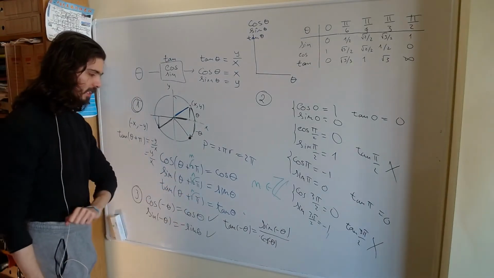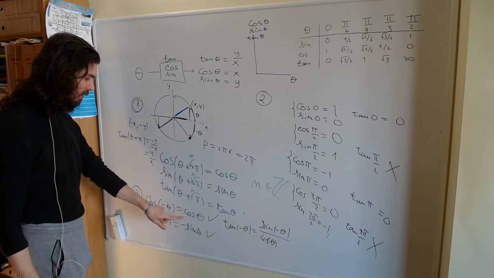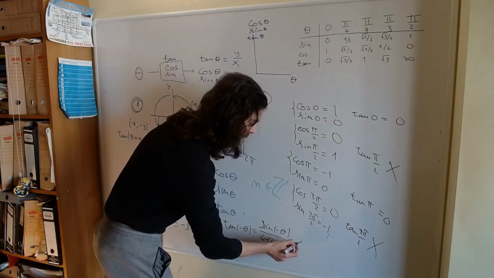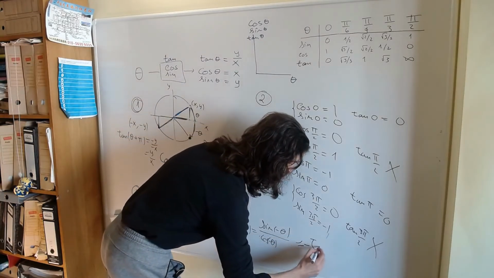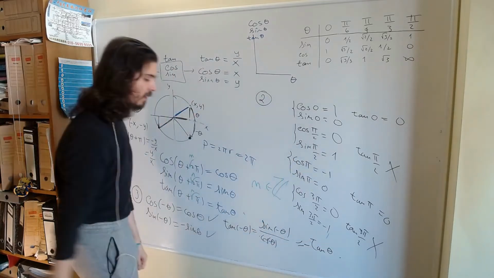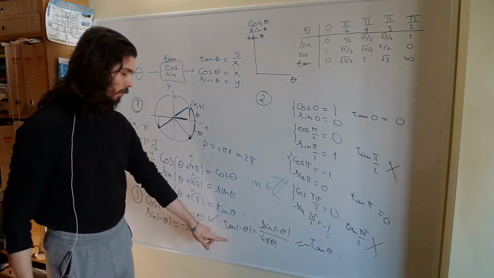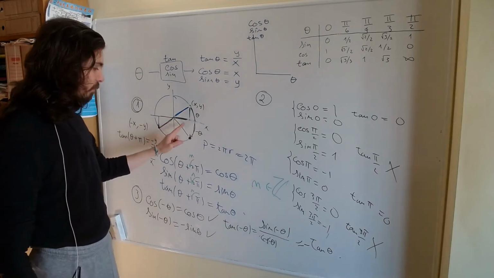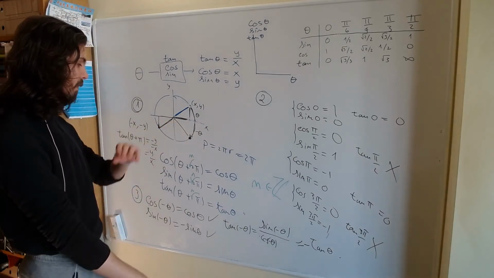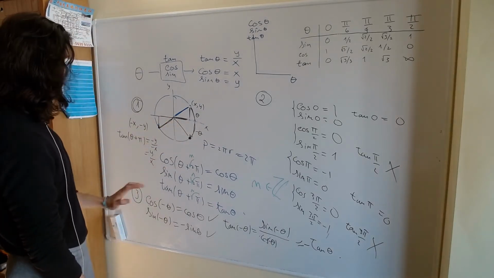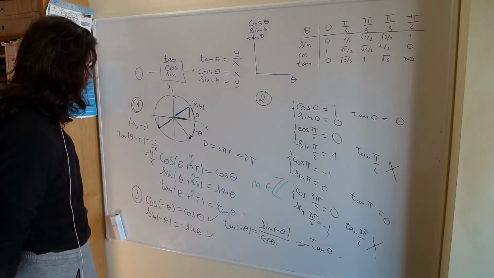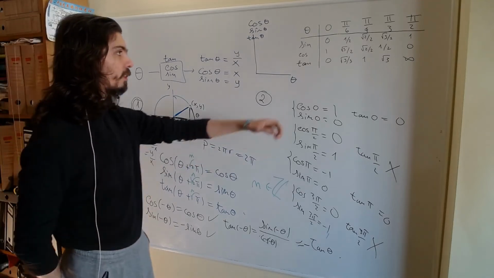Well, it's minus sine theta. Cosine minus theta is cosine, so this is the same thing as minus the tangent of theta. Okay? It's good for you to check this. Try to check this from this point of view. Okay? Very important. These are the 3 properties that we know so far. Of course, we also know these.